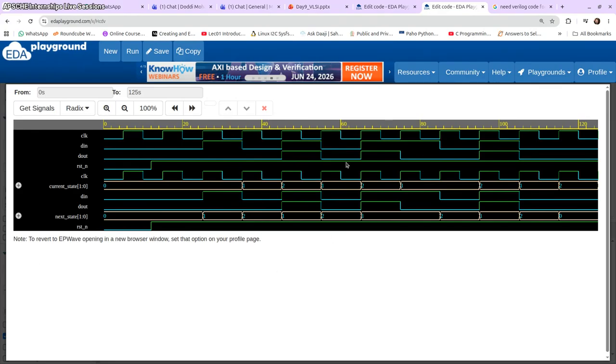Again, I'm going to explain these things with the Mealy machine and Moore machine, and I'm going to draw the diagrams for all possibilities. So be thorough with the finite state machine, so it will be easy for you to understand the next level. Okay, so this is today's session. If you have any doubt, please let me know.